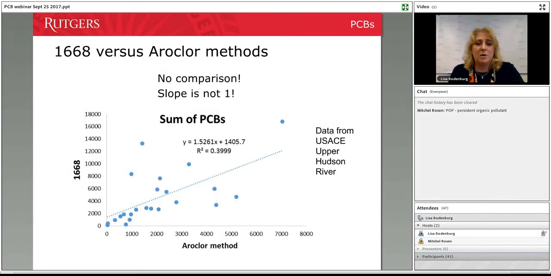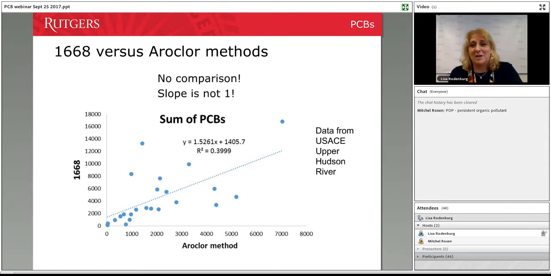And it's really important to point out that the old Aroclor method, this is data from the Hudson River, from the U.S. Army Corps of Engineers, and they did a subset of samples, there's maybe 30 samples here, where they measured PCBs in the sample using the Aroclor method, the 8082 method, and also using the 1668 method. And when you plot one versus the other, it's not a great agreement between the two methods. The R-squared is only 0.4 and the slope is not 1.